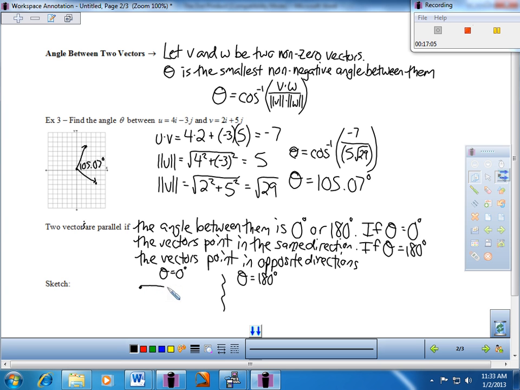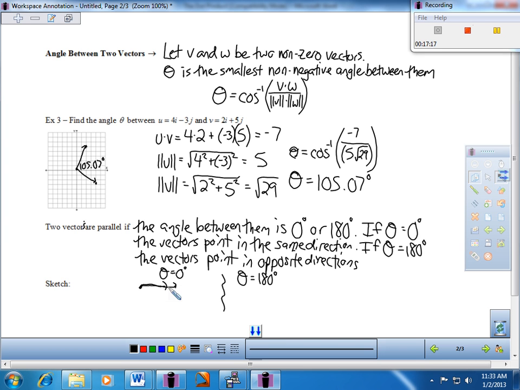So here's one vector. And then the second vector, if the angle between them is 0 degrees, is sitting right on top. It would look something like that. Two vectors, the angle between them is 0 degrees. You're probably asking how that can be parallel, since they're sitting one on top of the other. Remember with vectors, you can place them wherever you want, and they're defined algebraically the exact same way.